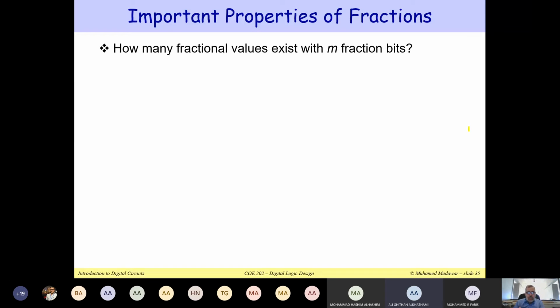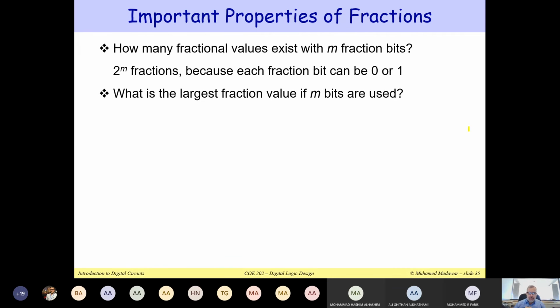If you use m bits in the fraction, you will have 2 to the power m fractional values. We are just counting in total how many fractions we have. We are not saying what's the smallest value and the largest value. We are talking in total. So 2 to the power m fractions.